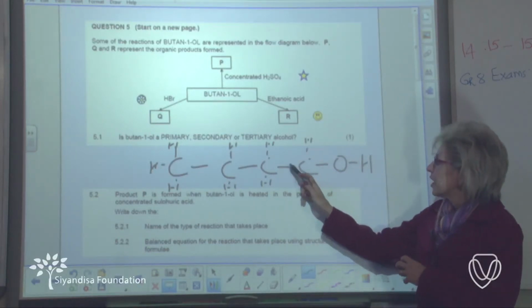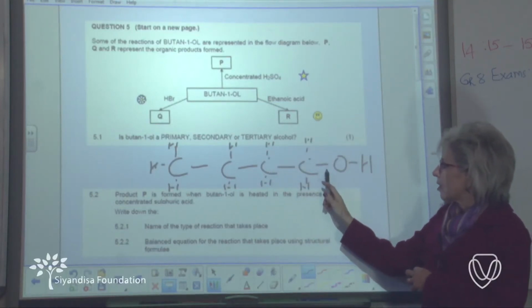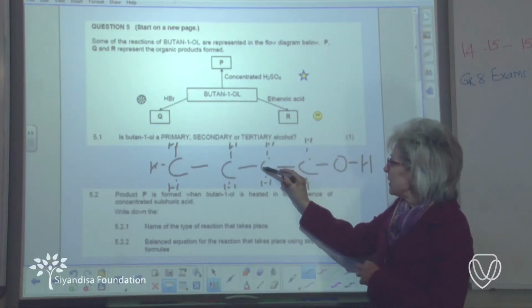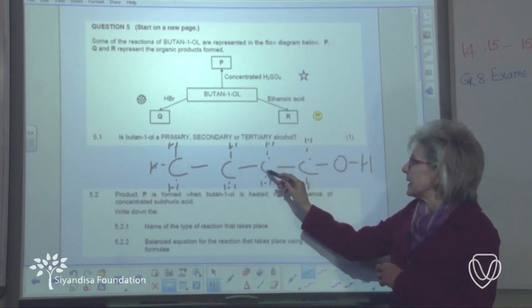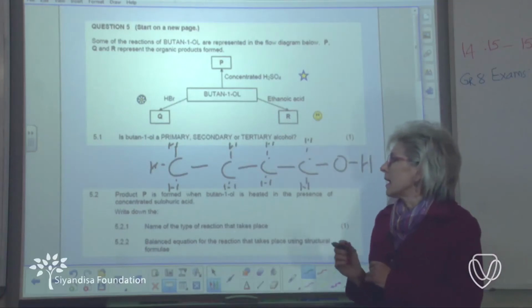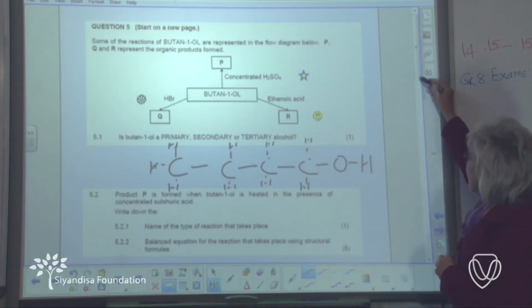It is linked only with one other carbon, making it a primary alcohol. If the hydroxyl was on this carbon, it would have had a neighbor carbon on that side, and on this side, that would have made it secondary. And tertiary we only get if there are alkanes with, or alcohols with branches.